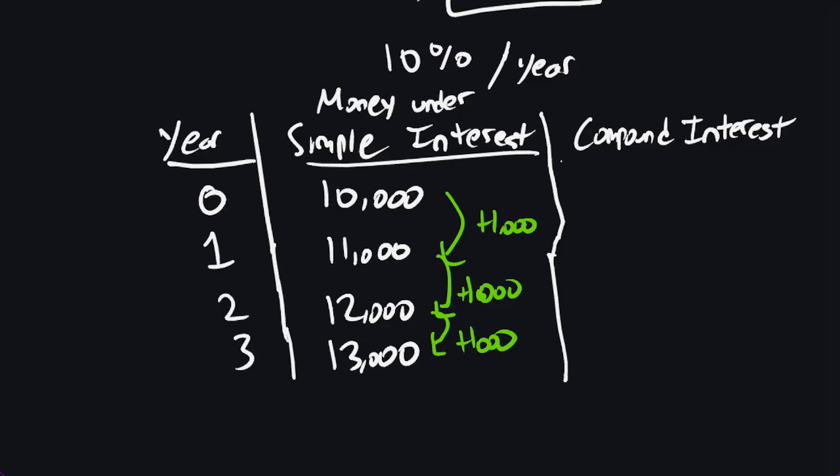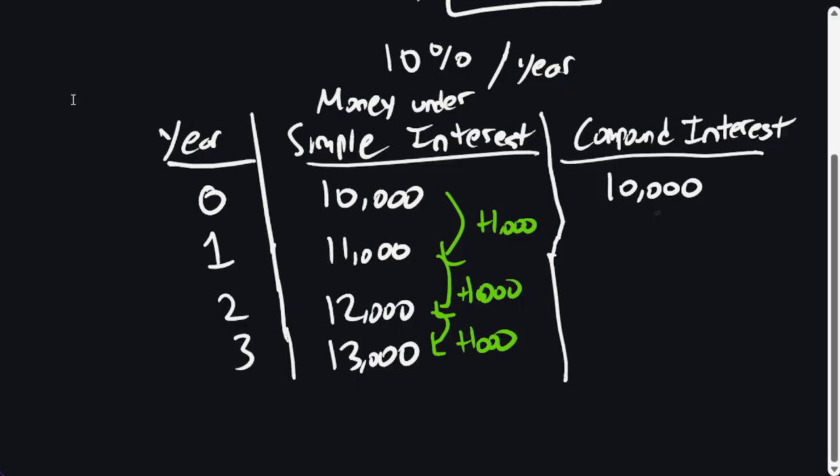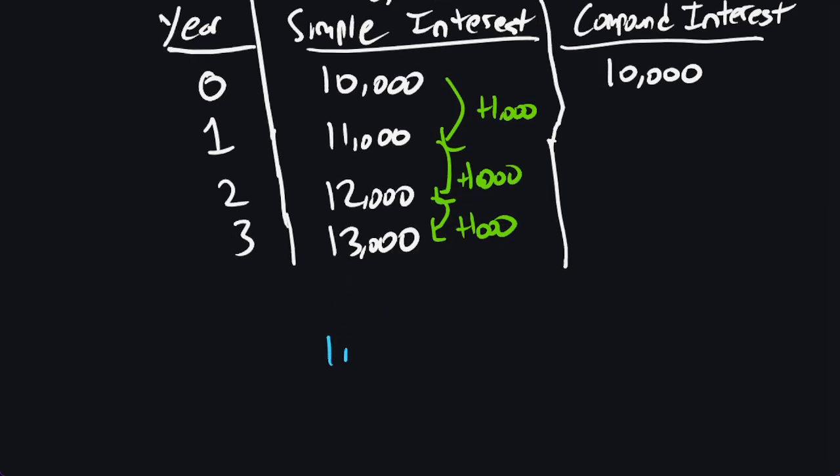Now under compounding interest, it works a little differently. Year 0, again, you start out with the $10,000 in the beginning. Now year 1, what is 10% of 10,000? Let's write it over here. 10% of 10,000 equals 1,000.